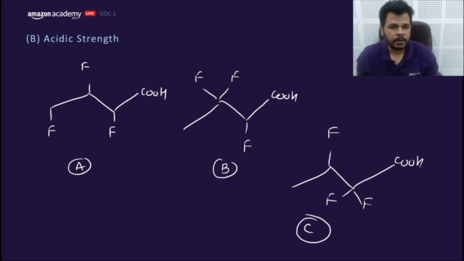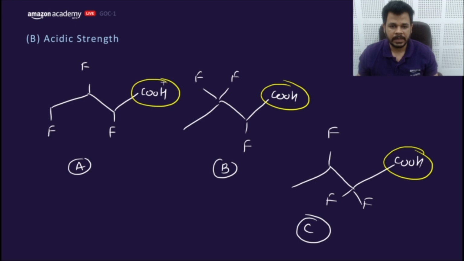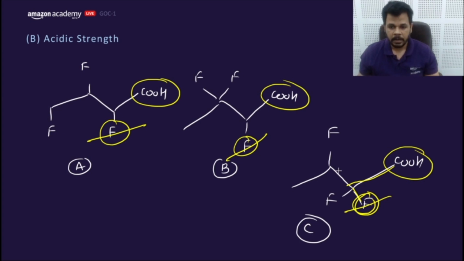Let's try to solve it. Carboxylic acid, carboxylic acid, carboxylic acid. It has one fluorine here. It also has one, so the effect of fluorine and fluorine would be the same. So you can cancel it. Let's move to the other carbon. It has a fluorine, it also has one, and the effect gets cancelled.